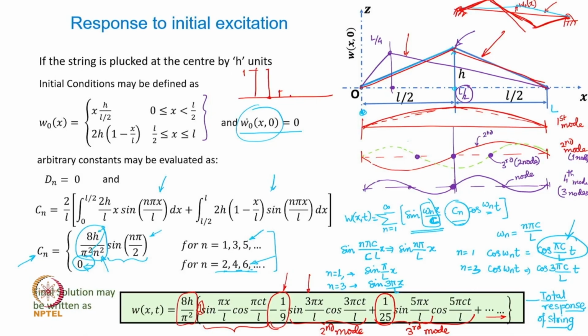Why? Because by doing this kind of initial displacement, you are forcing the central part of the string to be 0 in its amplitude, whereas the first mode needs to have non-zero displacement at that point, right.